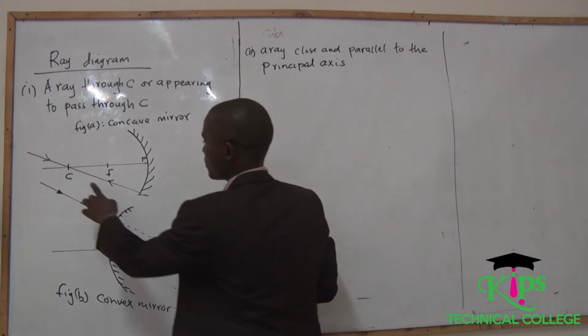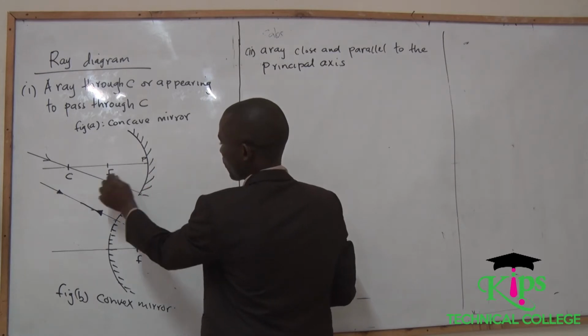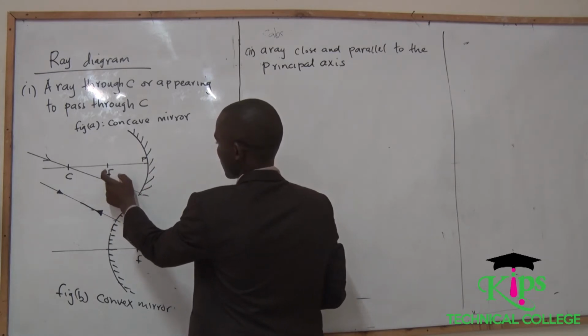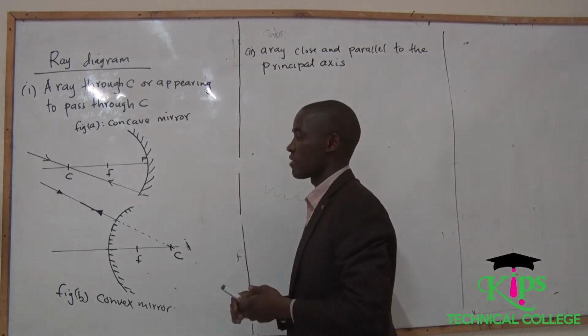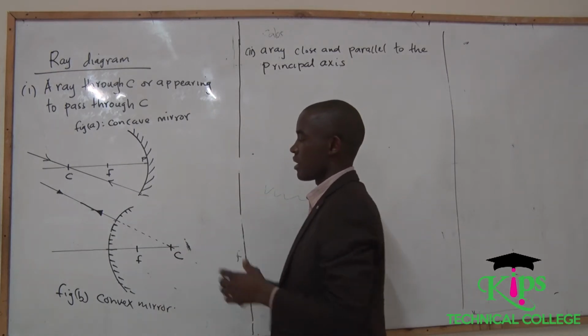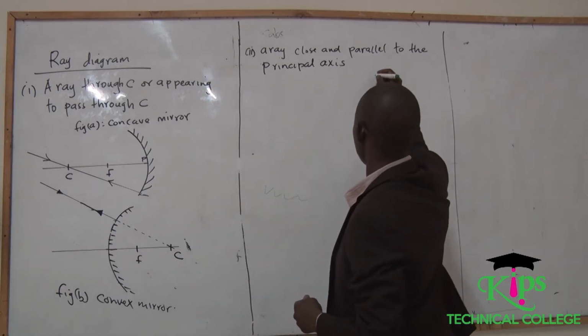So the distance between C and F is equal to F to P, meaning F is at the center between C and P. So whenever you are given the center of curvature and you want to determine F, F is at the midpoint. So we want to draw another ray.